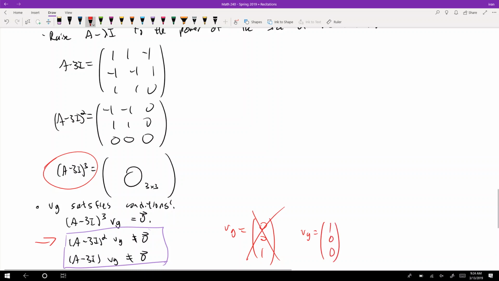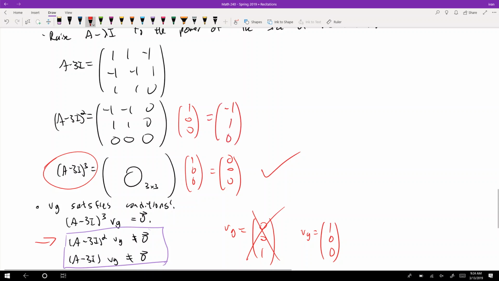I'm just completely picking it arbitrarily. Here's (A - 3I)^3 times 1, 0, 0, and that's the 0 vector. So that's satisfied. Now if I multiply (A - 3I)^2 times 1, 0, 0, that's going to be negative 1, 1, 0, and that's not the 0 vector, which is good.